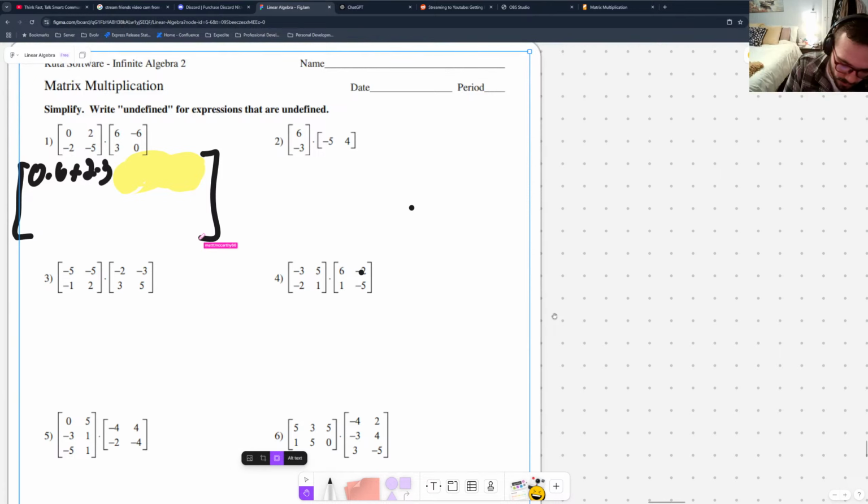So what's the first row, second column of this matrix? We do 0 times -6 plus 2 times 0. And then the second row, first column: -2 times 6 plus -5 times 3.